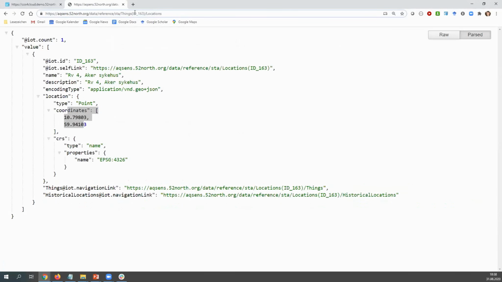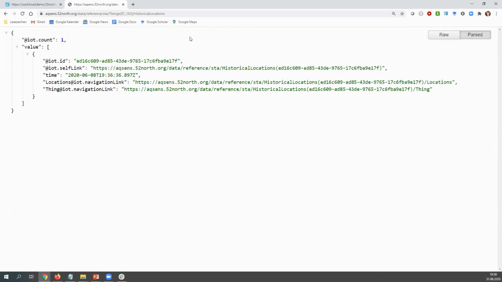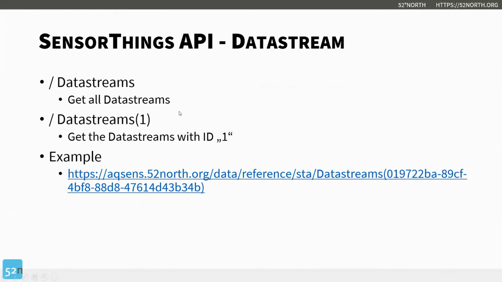Here I would expect that this does not change, but we will see exactly here. Our station Akershus was just at one location, and all the time it has been existing. So we just get one entry here if we call historic locations. What else do we have?